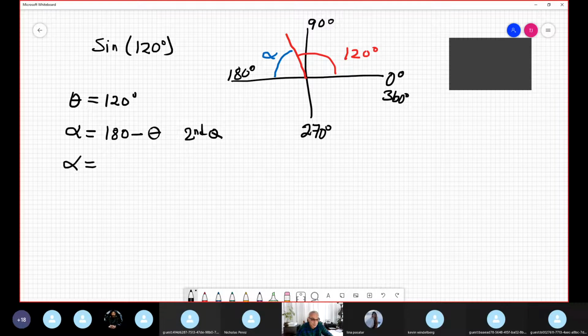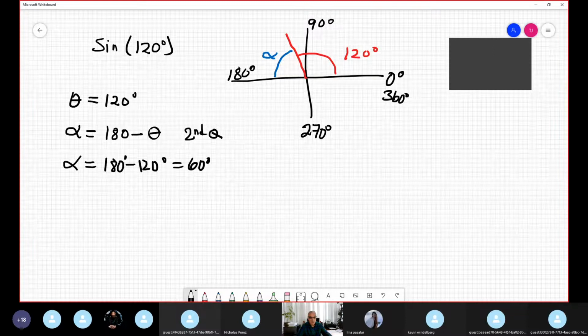In our specific example, 180 minus 120 degree is 60 degree. Entonces I know very well que any trigonometric function of the 120 is similar to the 60 degree, at least in the value.